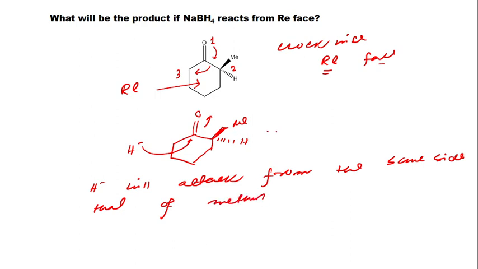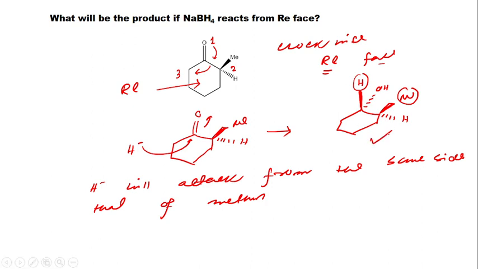If that happens, then we are going to get this: methyl here, and let's put the stereochemistry. We must put the stereochemistry here. So let's say I'm not putting O minus, rather it is OH, and this is the hydride. Because hydride means hydrogen, and methyl will be on the same side as the attack happens from the re face. So this is the product that we're going to get.